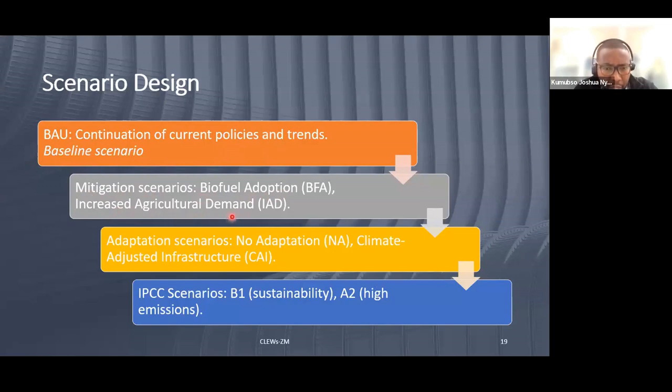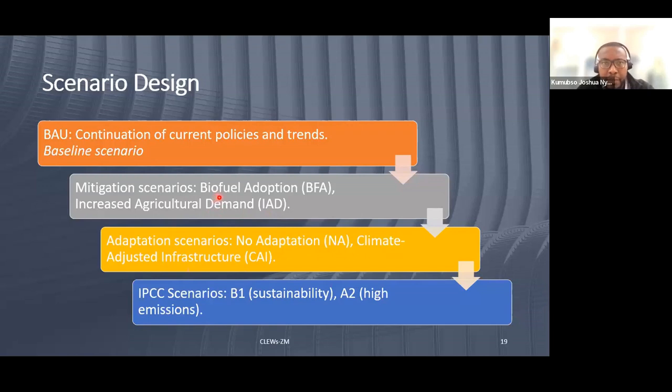This increased agriculture demand aligns with the integrated resource plan, which was recently published this year in terms of the ambition to actually enhance yields from agriculture. Then we've got adaptation scenarios. We've got the no adaptation, which is the NA, and the climate adjusted infrastructure scenarios. Then we've got other climate change scenarios that are looking at sustainability and high emission impacts.